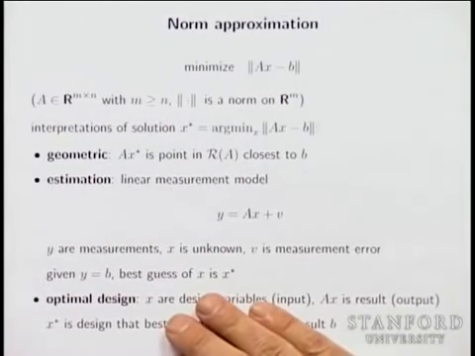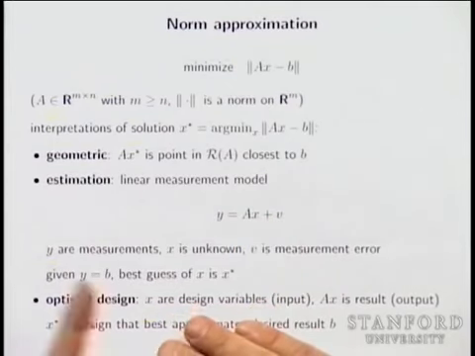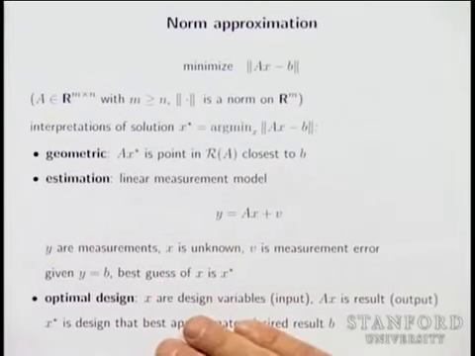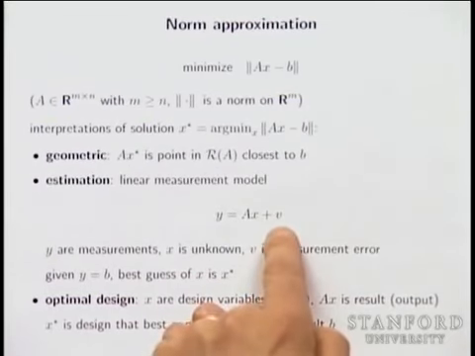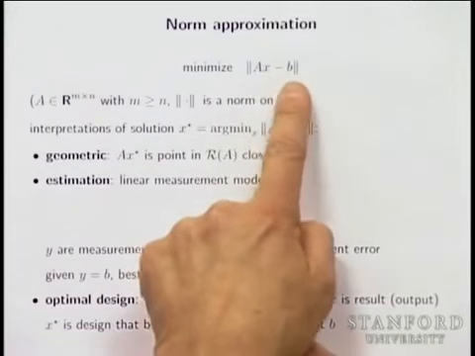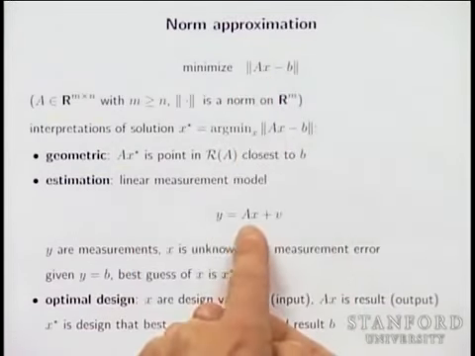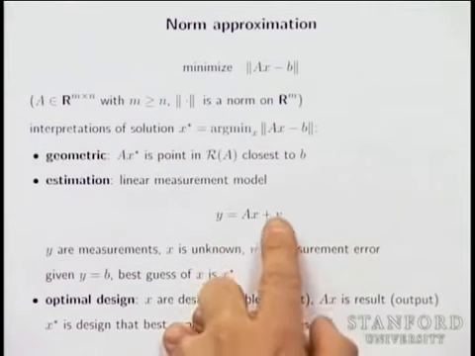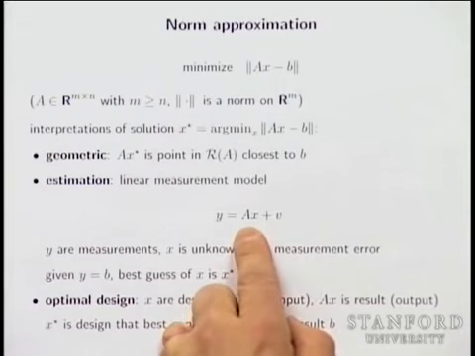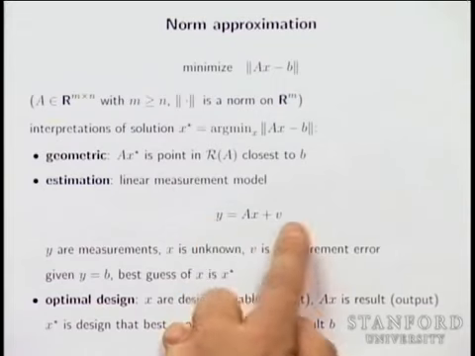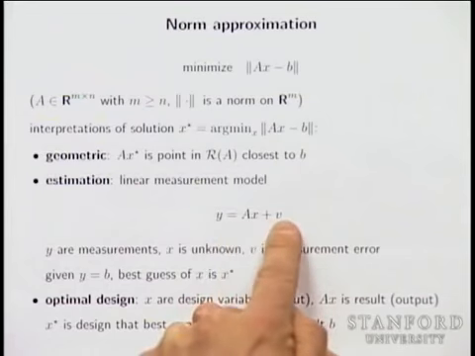Another one is estimation. So you have y equals Ax plus v, and v is some kind of measurement error that's unknown. At the moment it doesn't have a statistical model, but the point is it's assumed to be small, in fact specifically small in this norm. So the norm of Ax minus y is in fact the norm of your imputed v. Because if you guess an x and you've measured y, then for all practical purposes you're saying that y minus Ax is what the noise was.